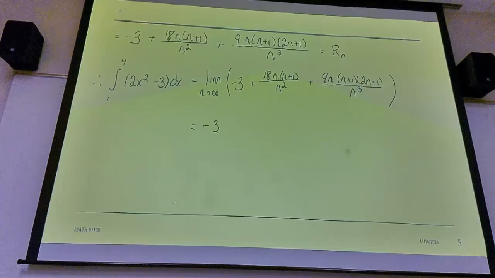Second term. Third term. So the integral's 33.